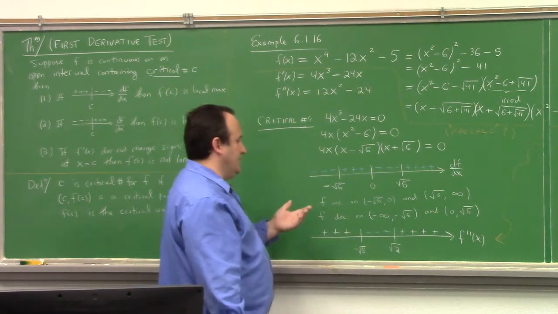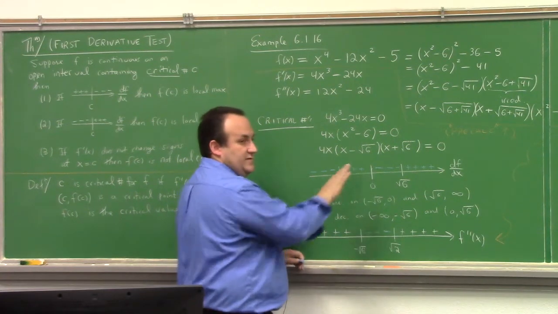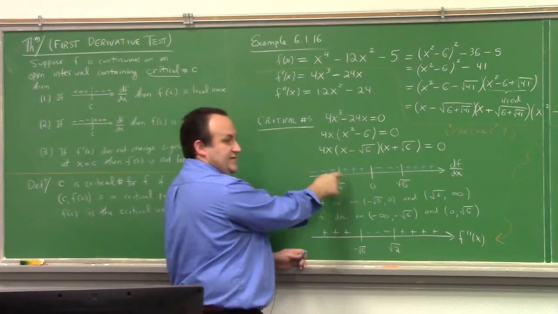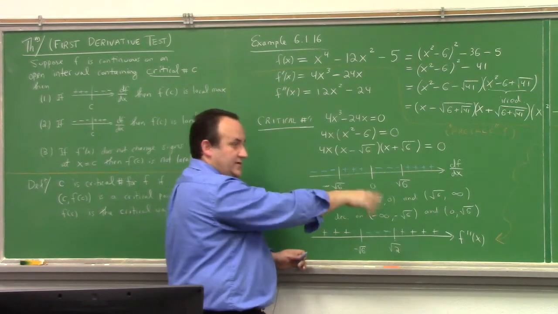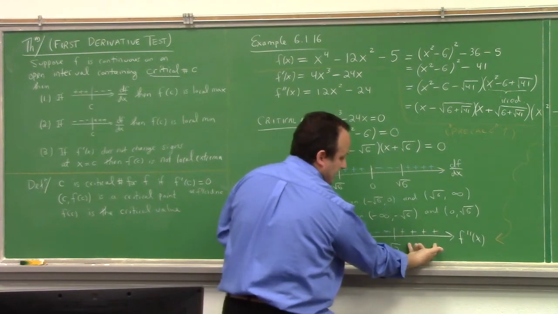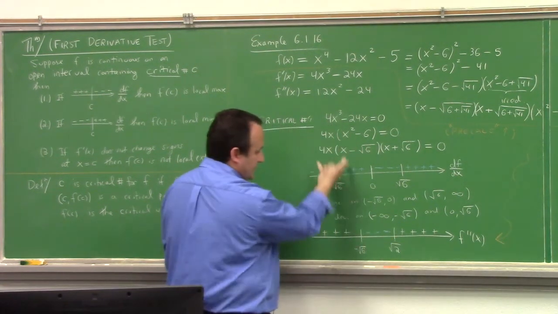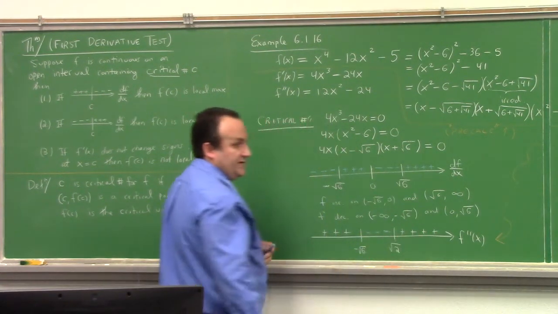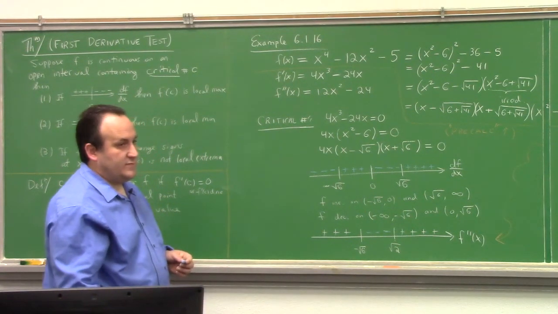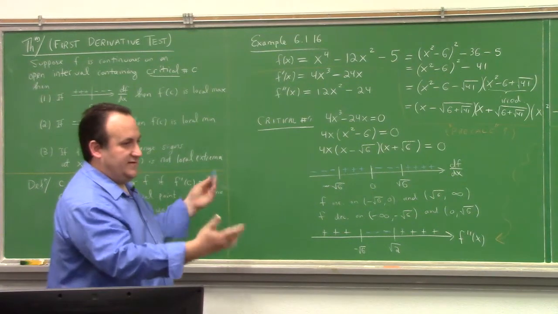And that makes sense because this is going from positive to negative, that's a local max, by the first derivative test. This is going from negative to positive, that's a local min. Second derivative positive at both of the places where we found local mins. So it's consistent. Now I suggest we graph.